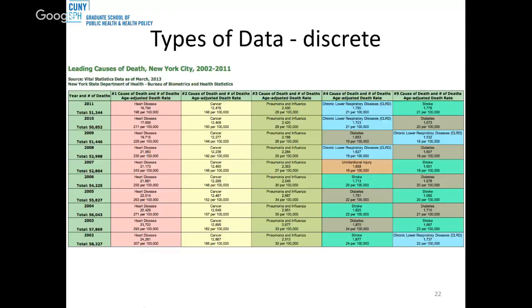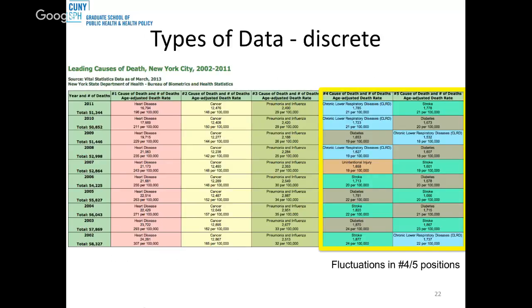So even though this is from the entire population, there is an element of randomness in that population as to how many people die in any given year. I also just wanted to point out that these are standardized numbers per 100,000. And that fluctuation in the 4 and 5 positions.